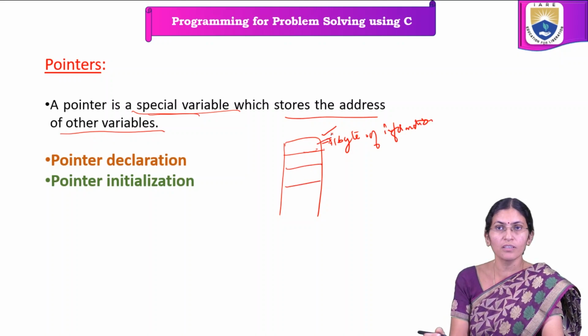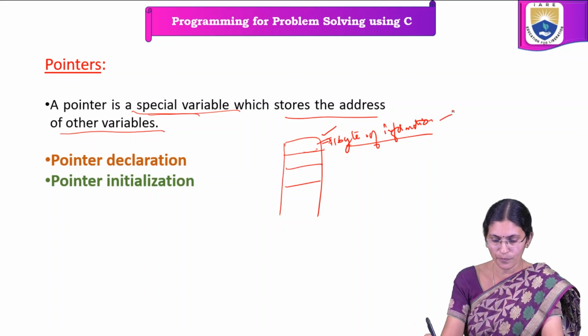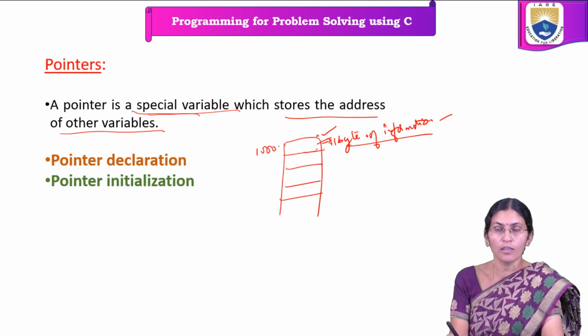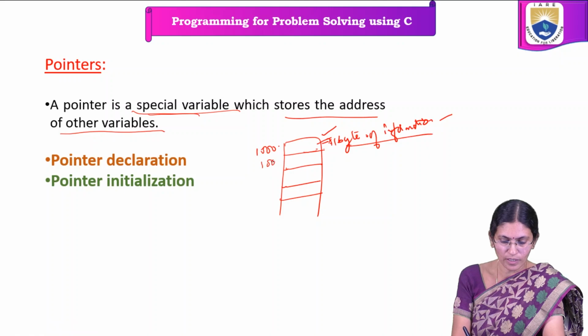Along with the information, there is a corresponding address available for each byte. Suppose this is some random address assigned to this memory block: 1000. The next will be 1001, then 1002, then 1003, and so on.